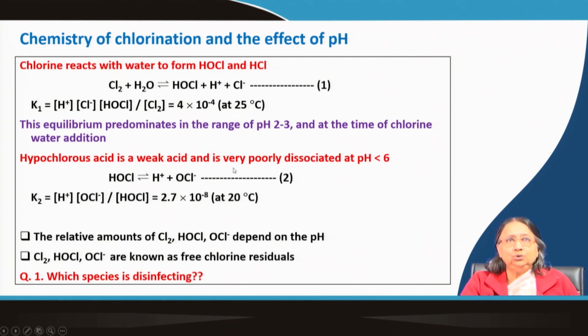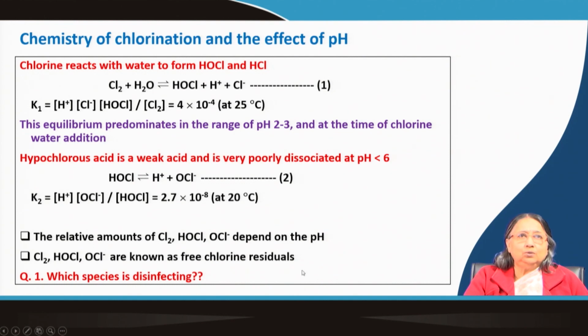Now, from these two reactions you can easily understand that the relative amounts of chlorine, HOCl and OCl minus depend on the pH. So, at very low pH, chlorine will be predominating, at medium pH HOCl will be there more, and at higher pH the HOCl will be decomposed to form OCl minus. So, at higher pH this will be present predominantly.